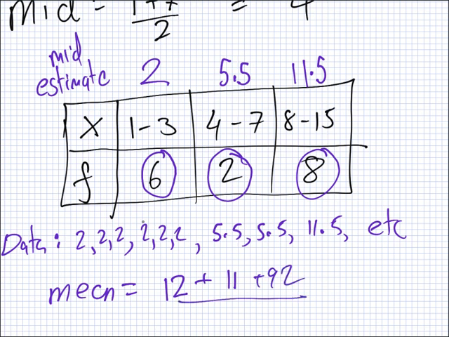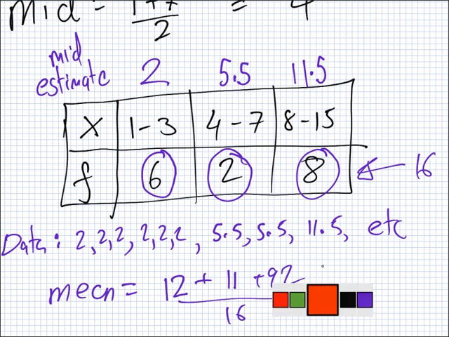Yeah, how many numbers will we have here? 16. We'll have 16. So what's that, please? Okay? Right. Next now.